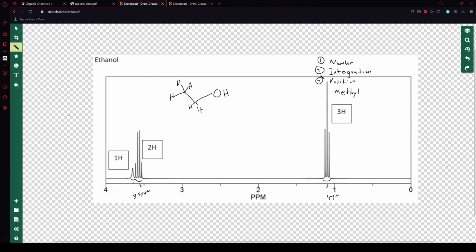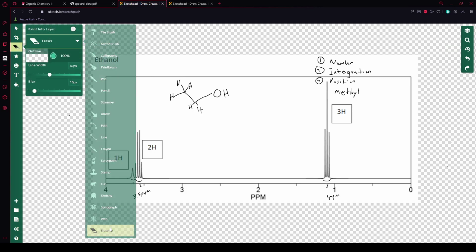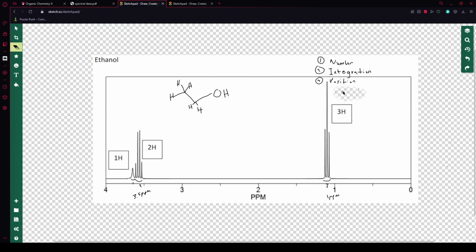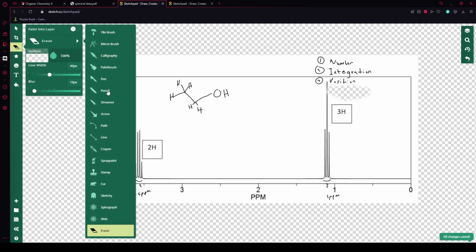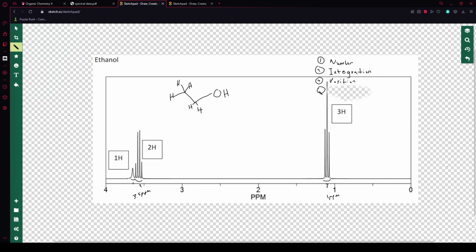And so then there's one more thing you've got to look for when you are doing your NMR, and that last thing is going to be the coupling of the peaks.